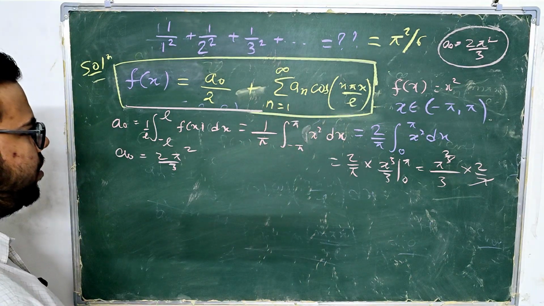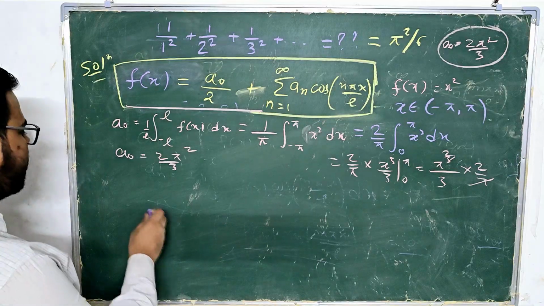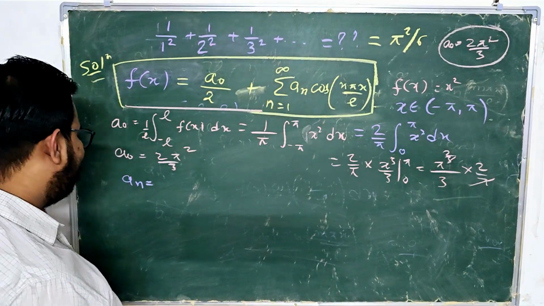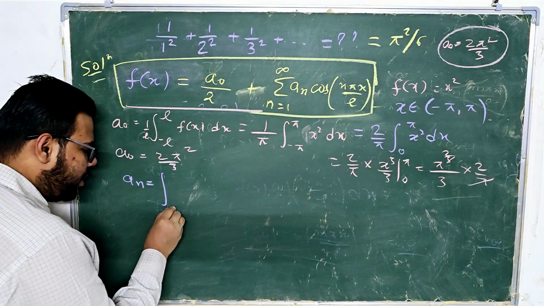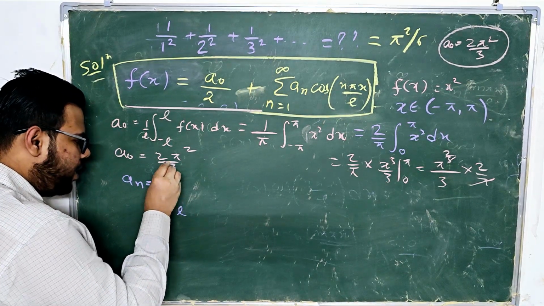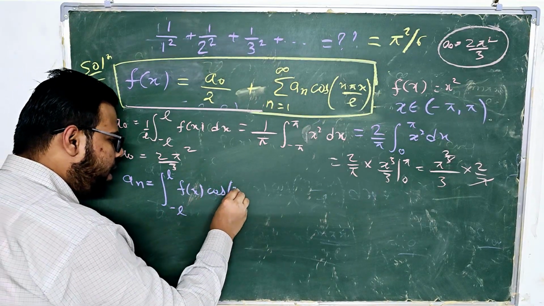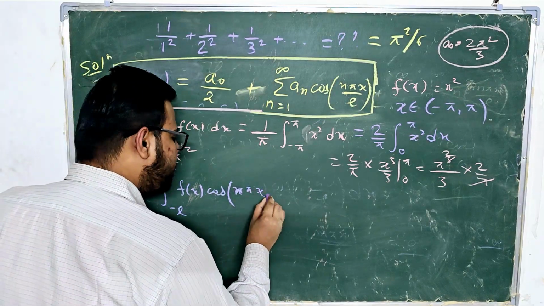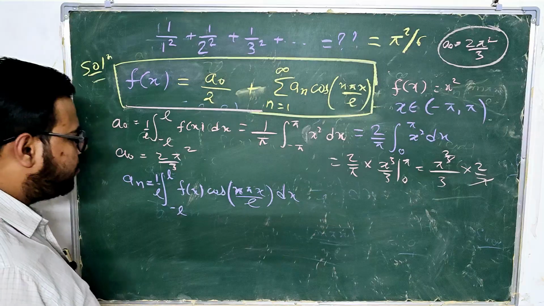Now let's evaluate an. What we get for the functional value of an. So an, of course, will be in terms of n, right? It will be the integral from negative L to L of f(x) cos(n pi x by L) dx, of course 1 by L also.